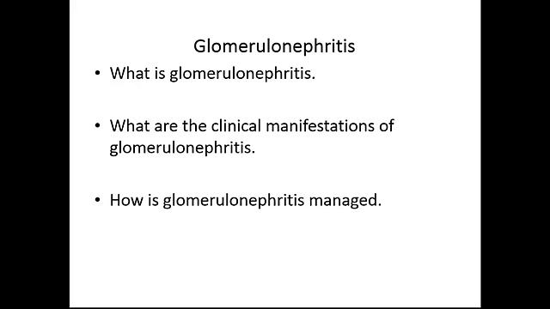Now, what are the manifestations of glomerulonephritis? Well, they're going to be signs and symptoms of impaired renal function. So we're going to have generalized edema, hematuria, proteinuria, and hypertension. When we're treating somebody with glomerulonephritis, besides that throat culture and starting them on a broad spectrum antibiotic for that precipitating infection, we're also going to do a UA, urine C&S, a blood C&S, and we're going to be checking renal function.